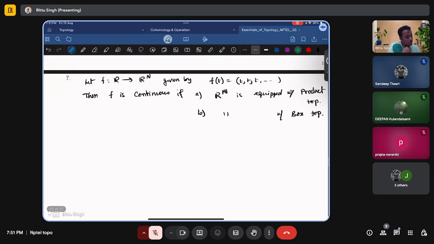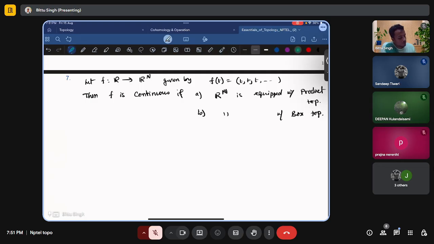Great. Now let us see why. I have already said that product topology is a better topology than box topology. This example will give us the reason why product is better than box.